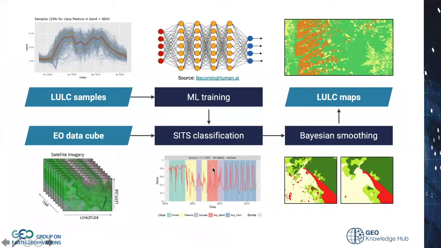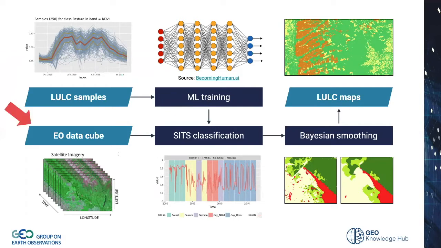This picture summarizes the methodology behind our work in the Brazil DataCube project regarding the creation of land use and land cover maps, dealing with Earth observation data and machine learning techniques. So, we start from the Earth observation data cubes.